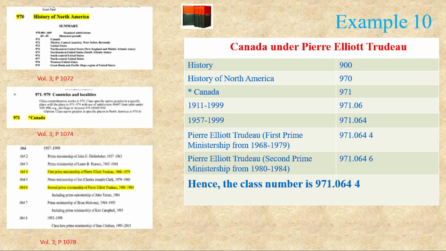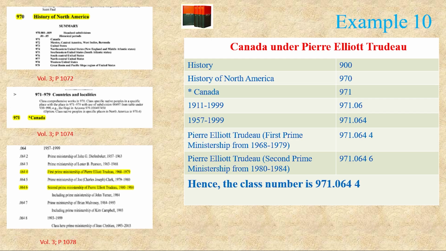Then Pierre Elliott Trudeau, first prime ministership from 1968 to 1979, falls under 971.0644. There is another number for Pierre Elliott Trudeau, second prime ministership to 1984, which falls under 971.0646.